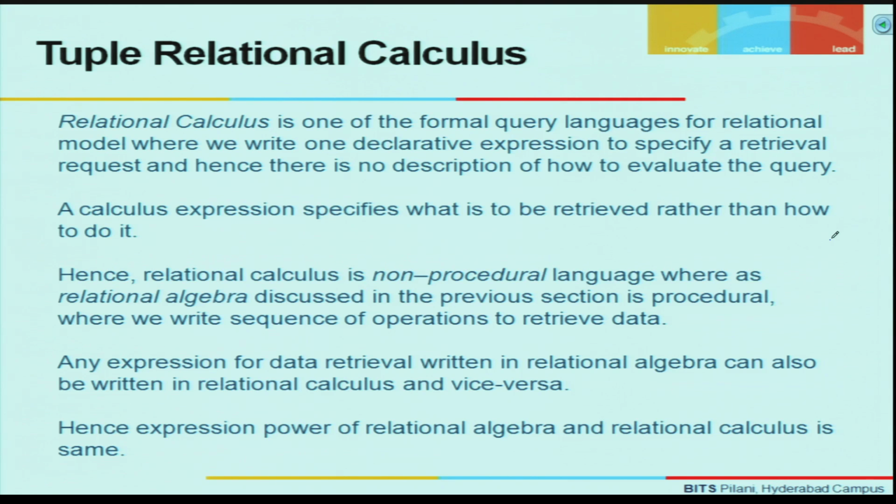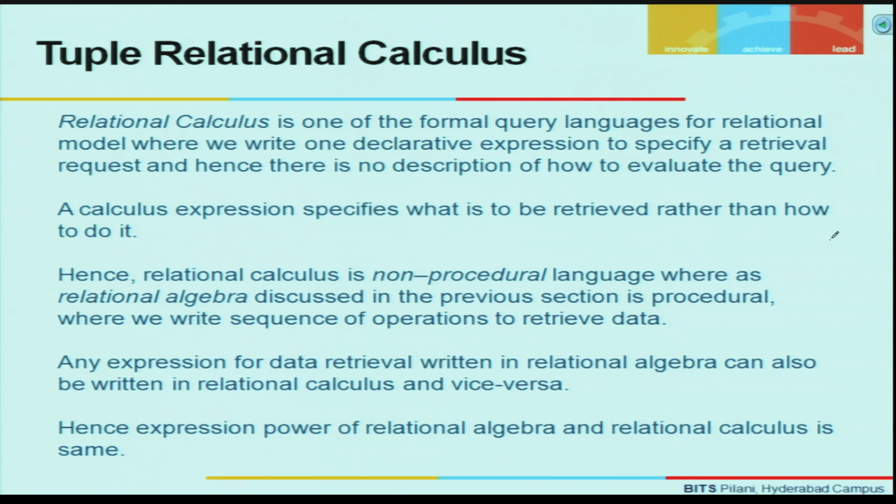I am specifying what operations in what sequence and how the data needs to be extracted from the database. Whereas in relational calculus, no such information is available. Rather, I just specify what needs to be extracted, not how. That's why it is called a non-procedural formal query language for the relational model.